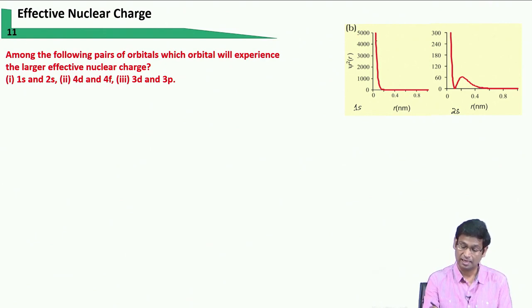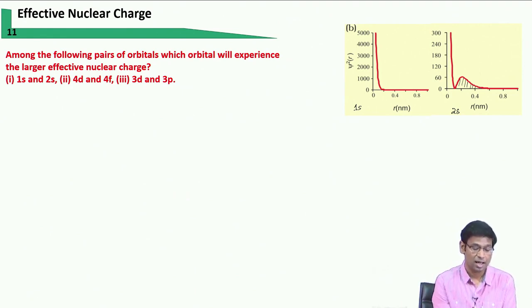The probability of finding the electron in the 1s orbital vanishes very quickly, beyond 0.2 nanometer it is almost 0. But for the 2s orbital, the probability of finding the electron even at larger distance between the electron and nucleus is finite. Therefore, 2s electrons are found farther from the nucleus, and 1s electrons are found closer to the nucleus.